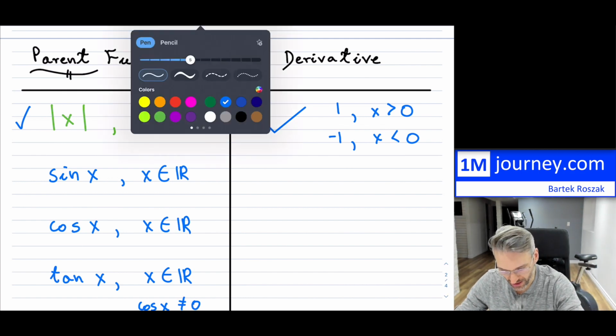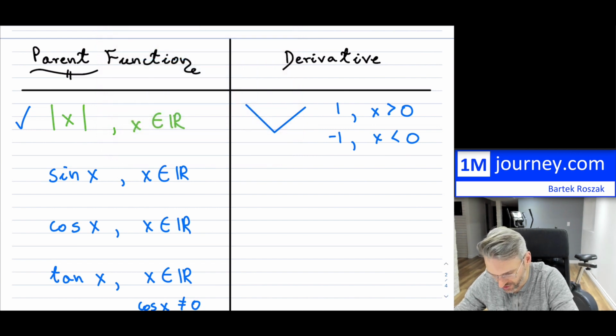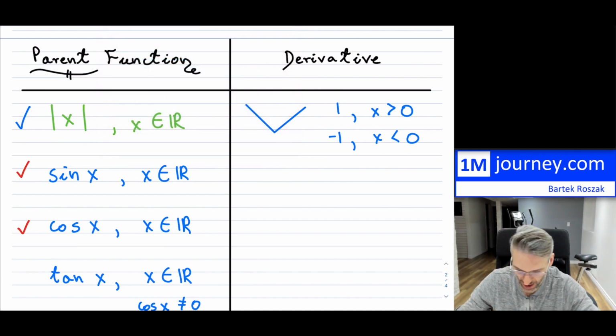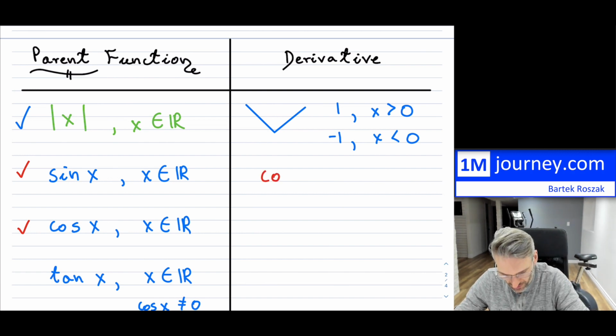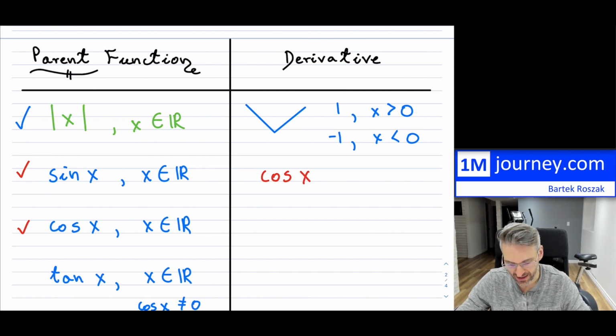Now, going into these sinusoidal functions, these two are ones that I relatively remember fairly well. For sine of x, beautifully, the derivative is just cos of x. It's going to be defined everywhere.